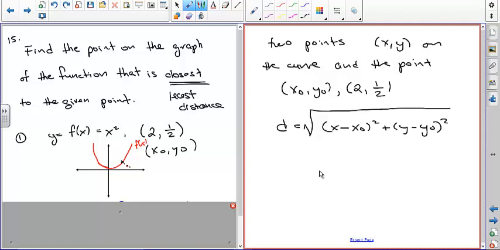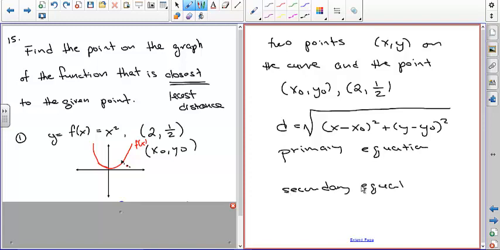Notice the primary equation has 2 variables, x and y. So we need a secondary equation that relates x and y. This is the primary equation. Our secondary equation is the function.